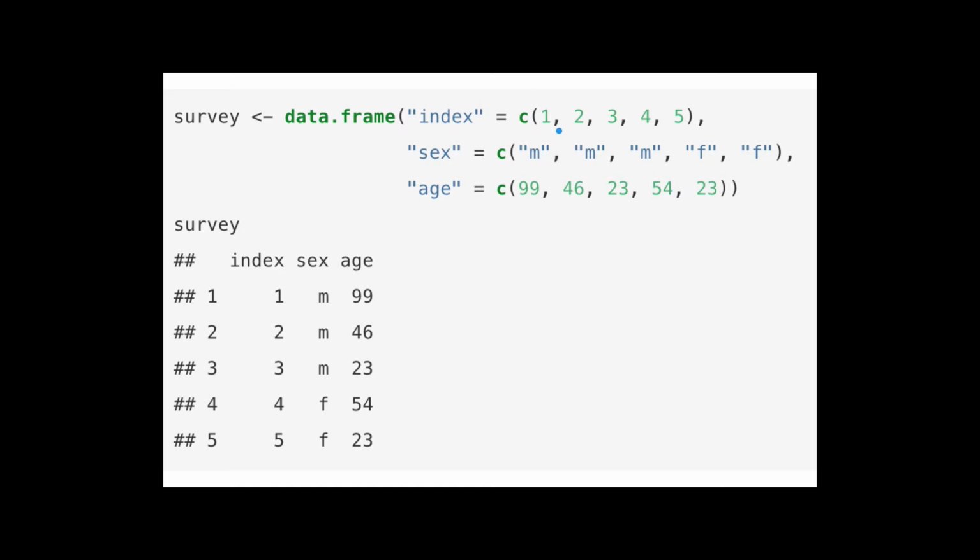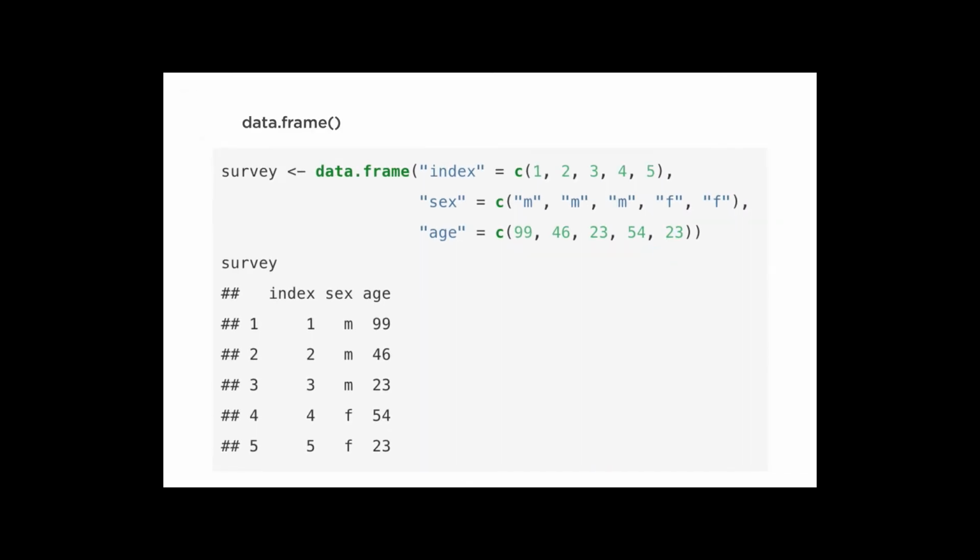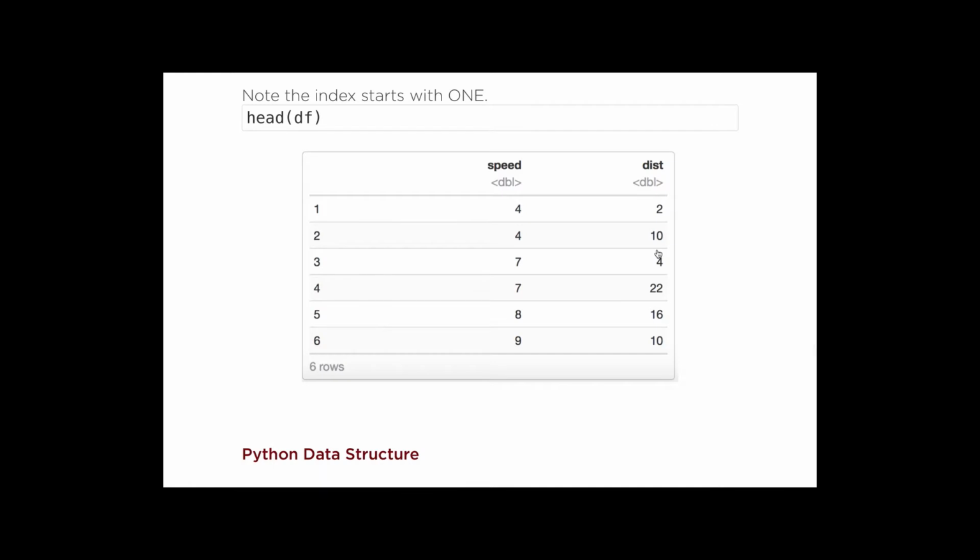Another important thing to remember is that the indexing of each column starts with 1, and we'll see in Python it's quite different. So if you use the function head of your DataFrame, you will see that indeed it starts with 1.